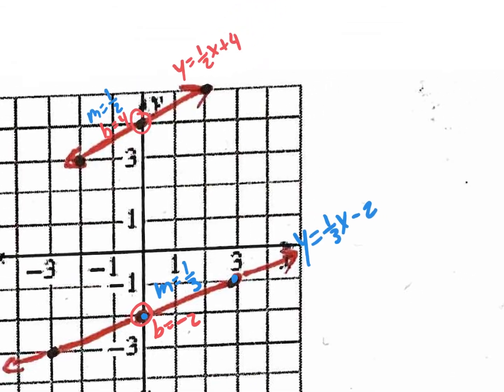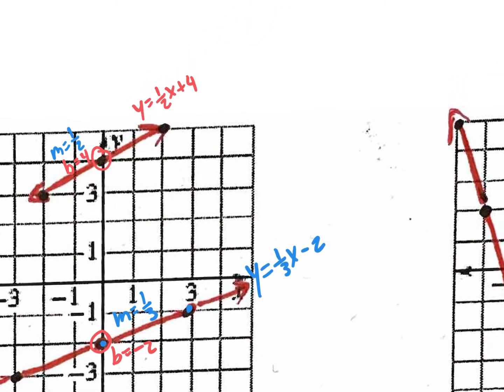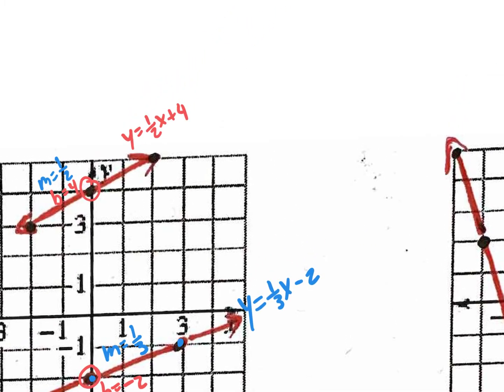So now that we know both equations, and they're both in slope-intercept form, I'm going to rewrite them to create my system. Here's my system: y equals 1/2 x plus 4. The other one is y equals 1/3 x minus 2. Now, I want to solve this system, but normally we don't want to deal with fractions.